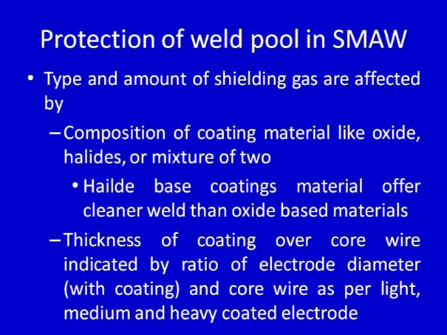The type and amount of the shielding gases which will be formed during the welding will depend upon the kind of coating material which has been used for development of coating around the core wire in SMAW electrodes, the composition of the coating material. The composition of the coating material includes the oxides, halides or a mixture of the two.